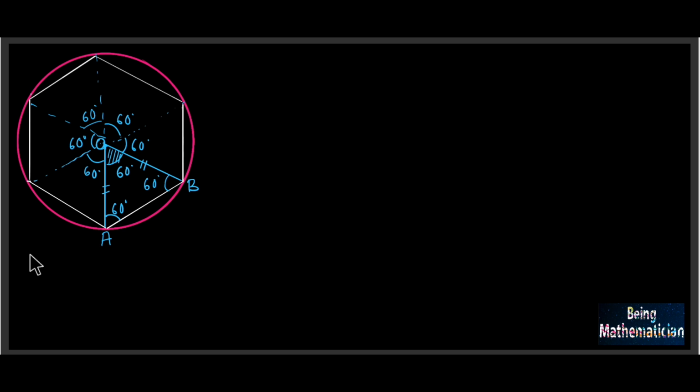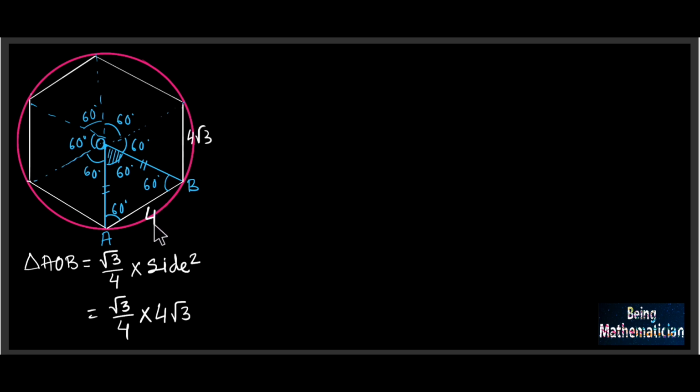Now we can find the area of the triangle AOB, and it is √3/4 into side square. So √3/4 into side is 4√3, since the side of the hexagon is given as 4√3, so it is equilateral, so each side is 4√3. So 4√3 into 4√3. Now 4 and 4 cancel out and it will be 12√3.